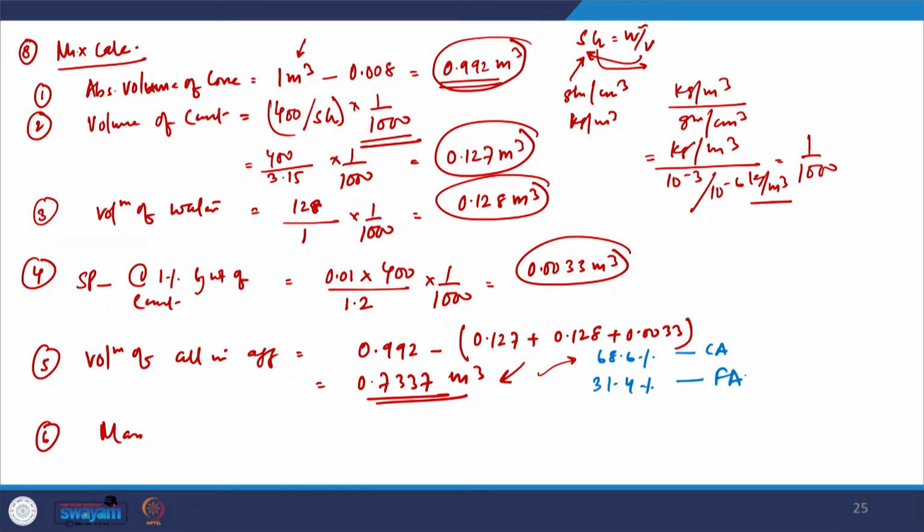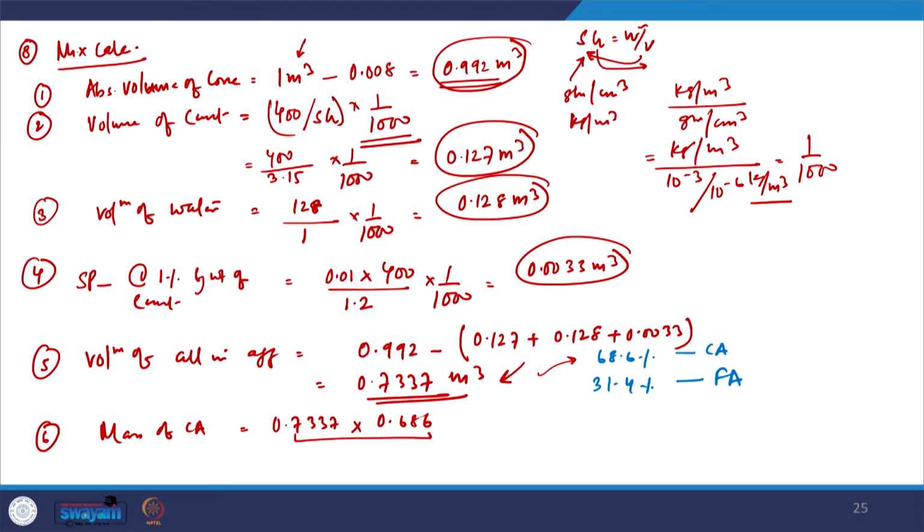And now we are trying to find out their respective masses in the total concrete. So, the mass of coarse aggregate becomes equal to 0.7337 into 0.686. So, this is the volume of the coarse aggregate by the total volume of concrete.